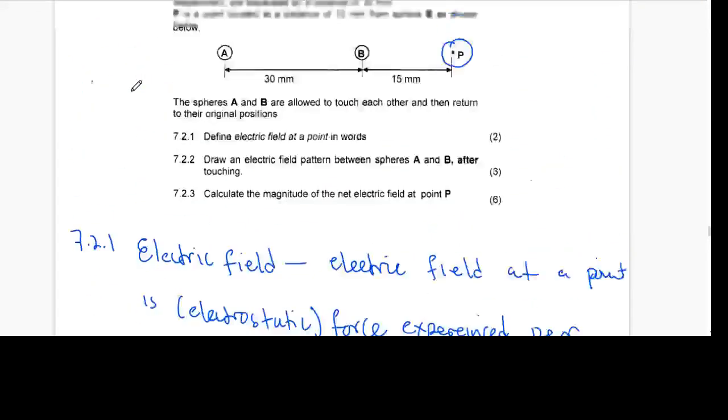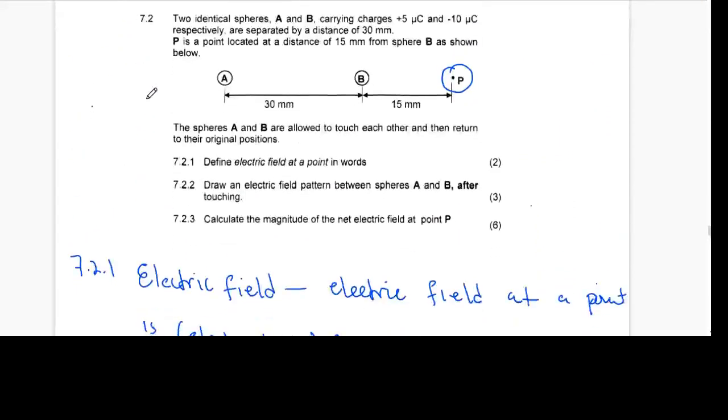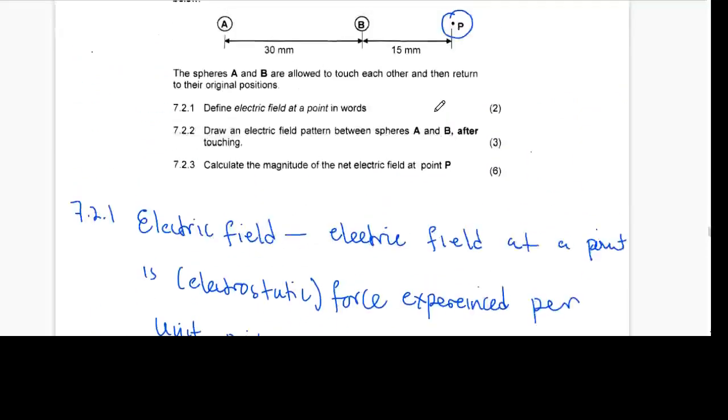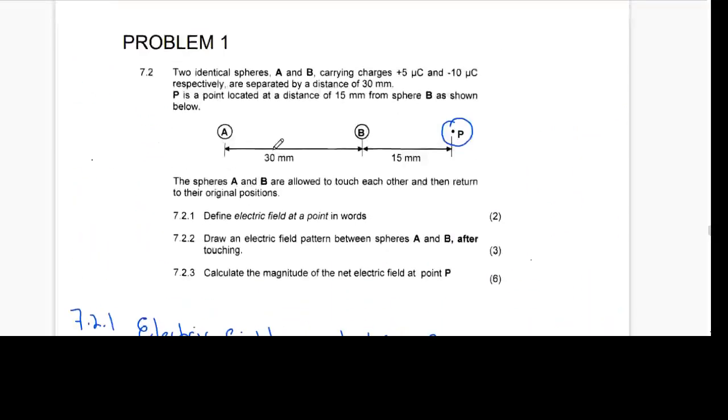7.2.3, calculate the magnitude of the net electric field at point P. Now all of them are negative. We follow this statement, because it says that spheres A and B are allowed to touch each other and then return to their original positions.